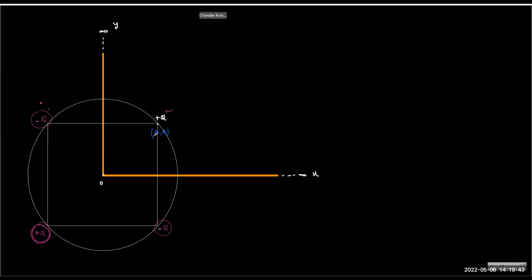Once you know the charge distribution due to the plane mirrors, you can remove the mirrors, and then I may ask you the question. If this is a, if I make it 2a, what will be the work done?